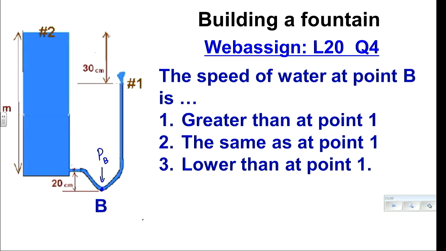In that case, every question related to pressure has to be answered using Bernoulli's equation, because the continuity equation doesn't involve pressure. But for Bernoulli's equation, we should choose point 1, point 2.